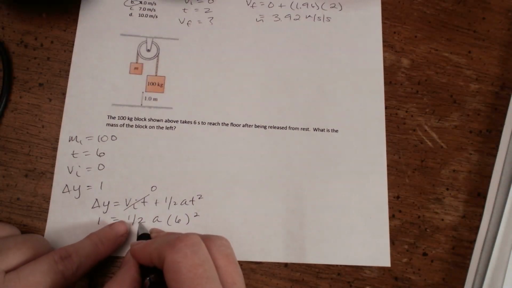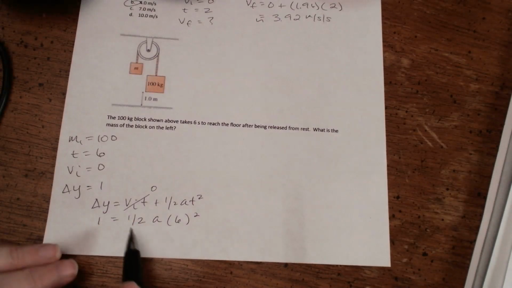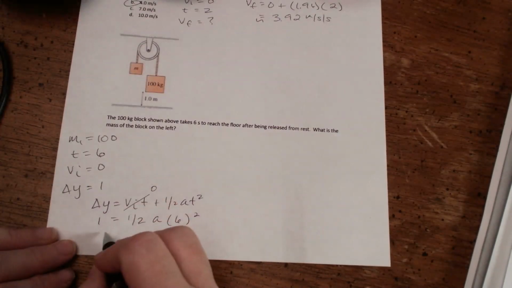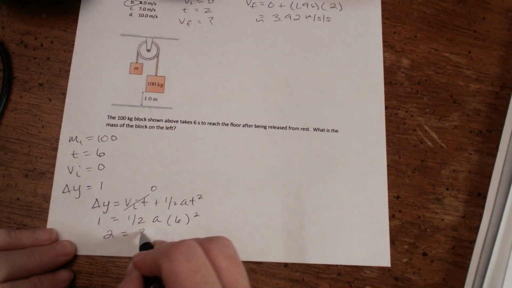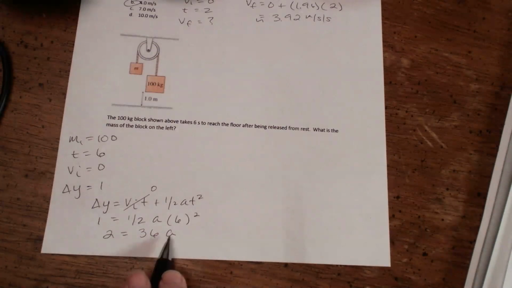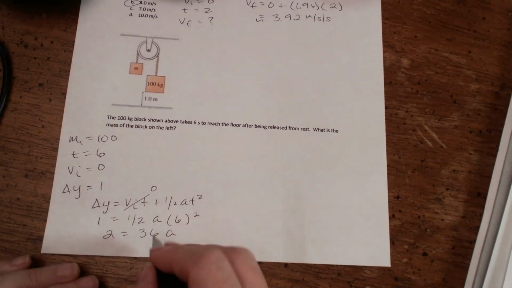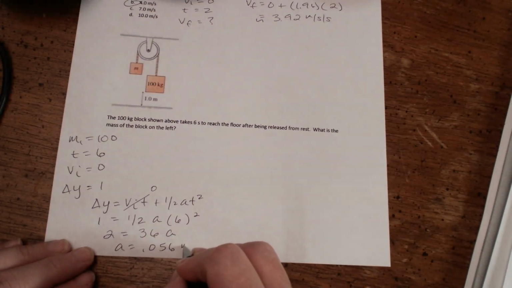I'm going to shift this fraction over to the other side. So I've got 2, and then I'm going to square 36. So I've got 2 equals 36 times A. And so when I solve for A, I'm going to end up with 0.056 meters per second.